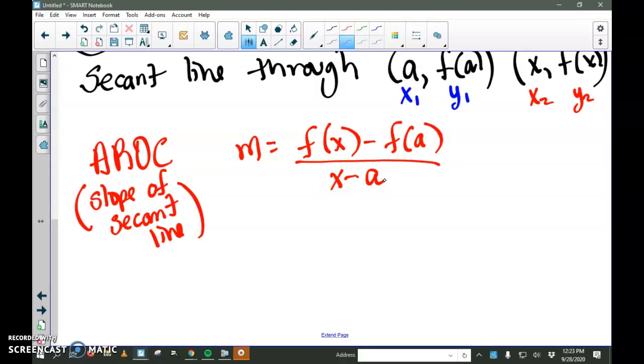That would be the slope of my secant line, or the average rate of change. The slope over a given interval where I know two x values associated with 2 points. And again, this would be like saying change in y over change in x, delta y over delta x.